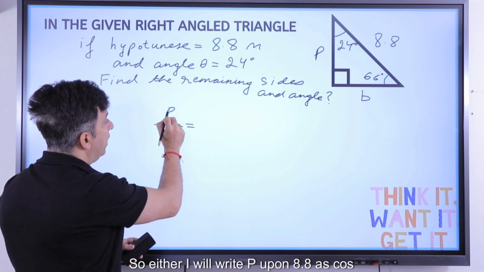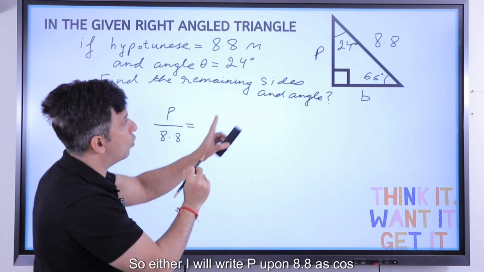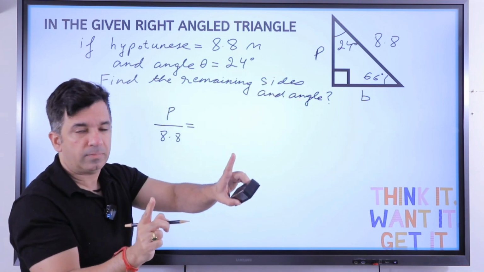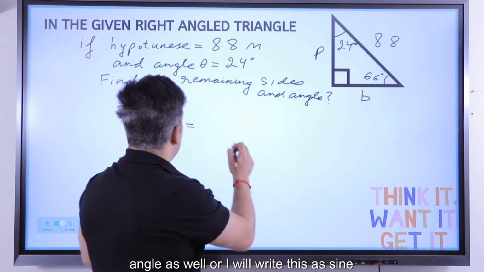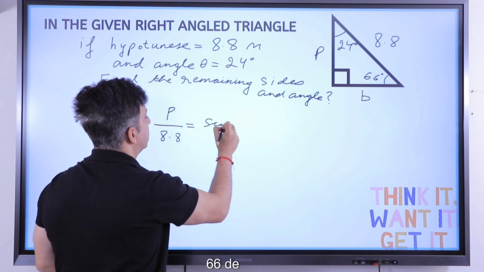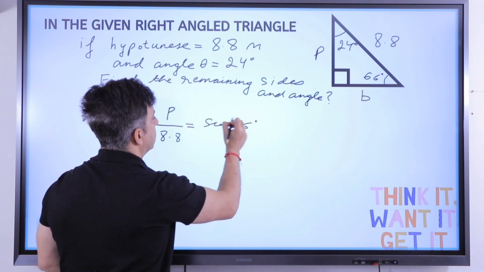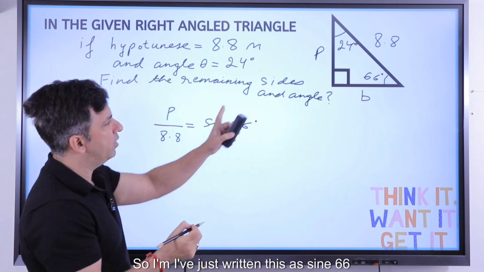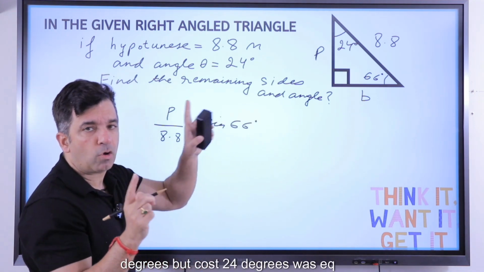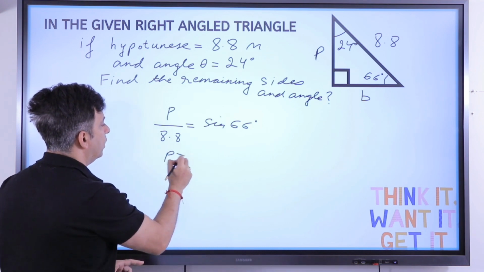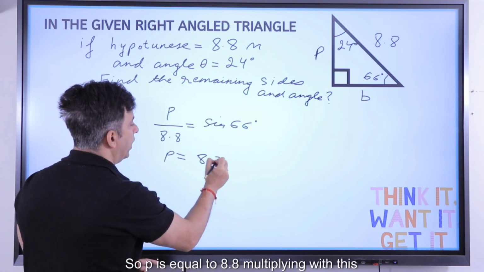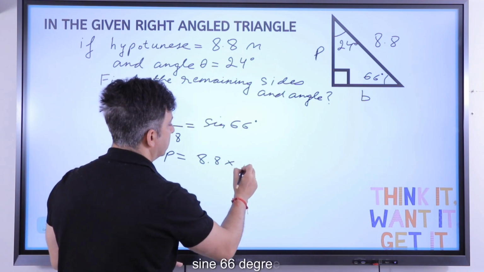So either I'll write P upon 8.8 as cos 24 degrees, that is correct, or I will write, because now I have found this angle as well, this as sine 66 degrees. I've just written this as sine 66 degrees, but cos 24 degrees was equally good, and this is very important to know. So P is equal to 8.8 multiplying with sine 66 degrees.